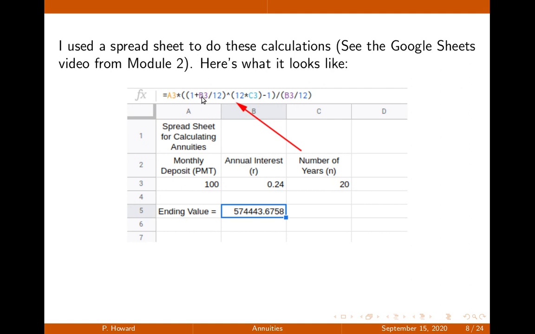I have B3 instead of R because R occurs in cell B3, and so on. And as we saw before, the ending value is $574,443.68 if you round to the nearest cent.